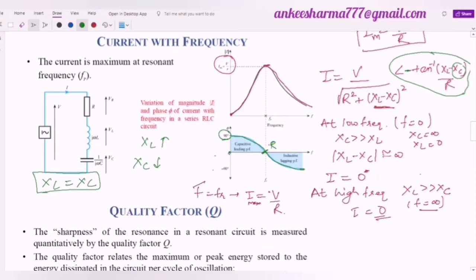So you will find this minus 90 phase difference where my XL will be, in this case, infinity and XC is equal to 0. So this will be occurring at F equal to infinity.